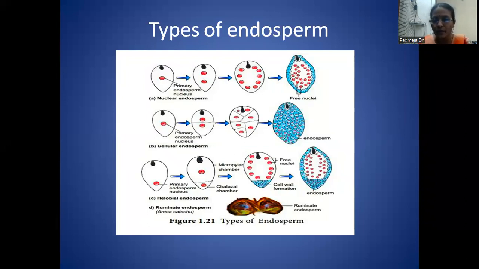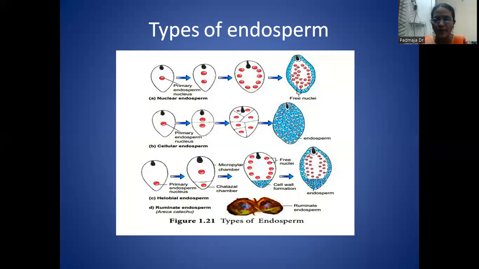In the chalazal chamber, wall formation takes place, and the nucleus in the micropylar chamber divides to give rise to free nuclei. As a result, some part is nuclear and some part is cellular. So it is considered an intermediate type of endosperm.